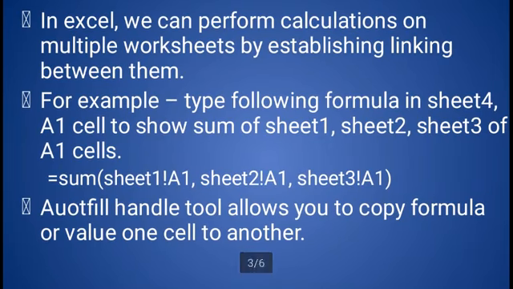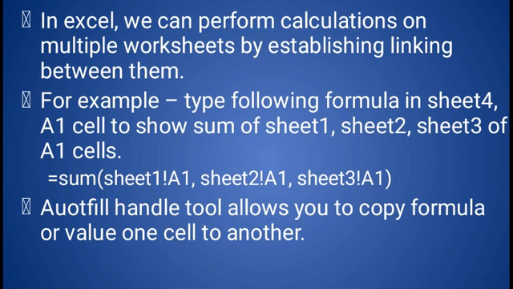So here I am writing this formula. I will write on Sheet4 in cell A1: equals SUM opening bracket Sheet1 exclamation sign A1 comma Sheet2 exclamation sign A1 comma Sheet3 exclamation sign A1 and closing the bracket. This formula has a powerful effect.